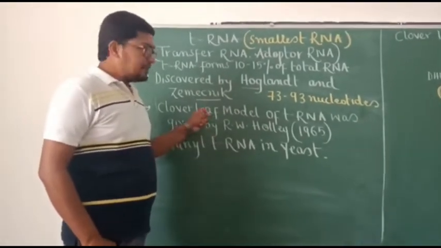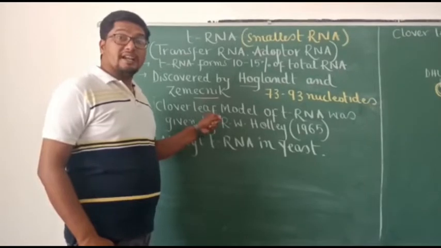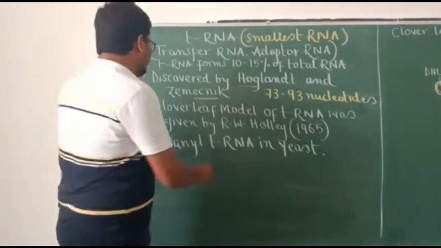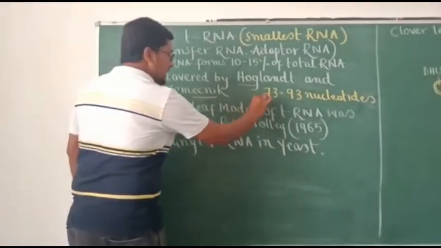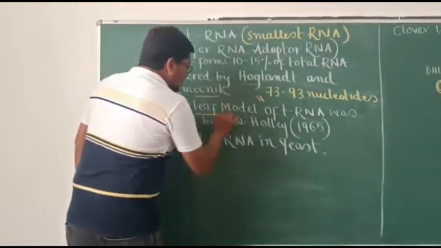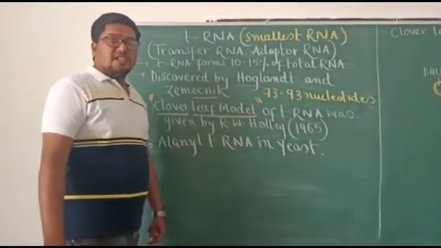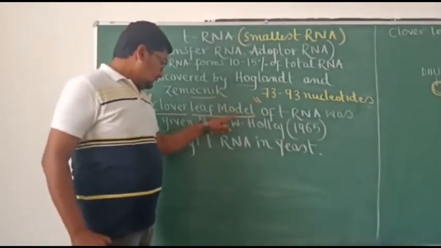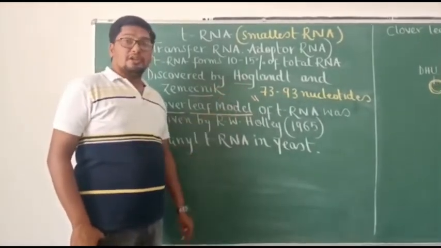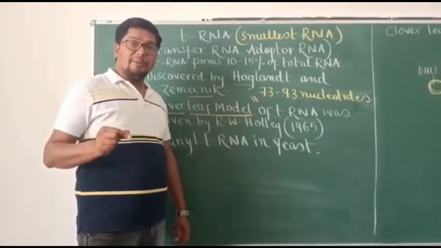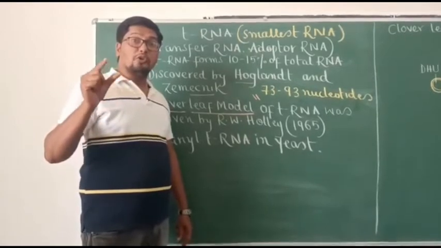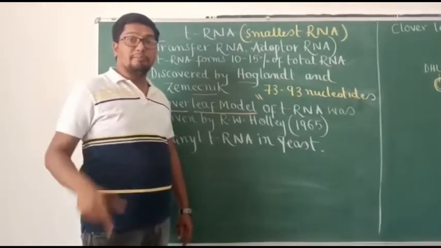And today, whatever the detailed structure of tRNA we know, that structure of tRNA is popularly known as clover leaf model of tRNA, because when we look into the detailed structure of tRNA, tRNA appears like leaf of clover or leaf of trifolium plant.